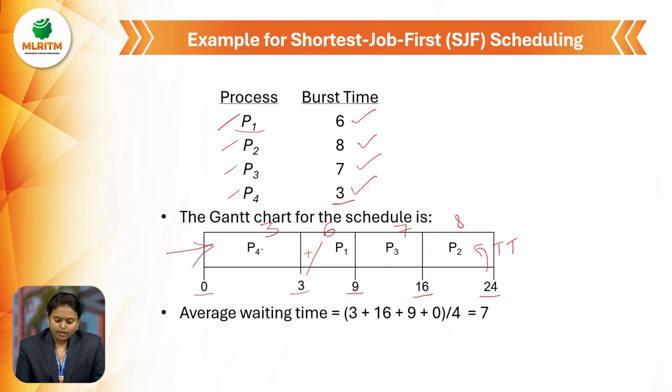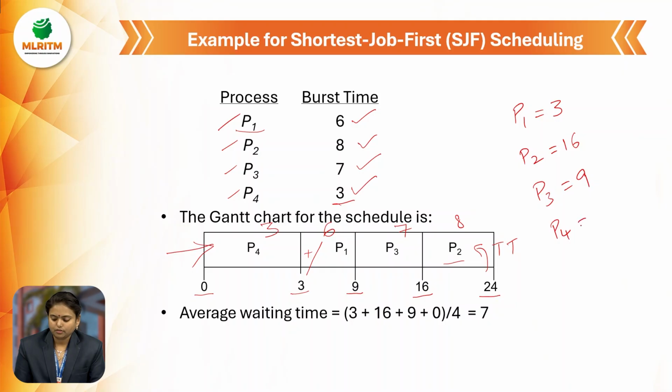Whereas here, the waiting time of P1 is 3. P2 is 16. P3 is 9.